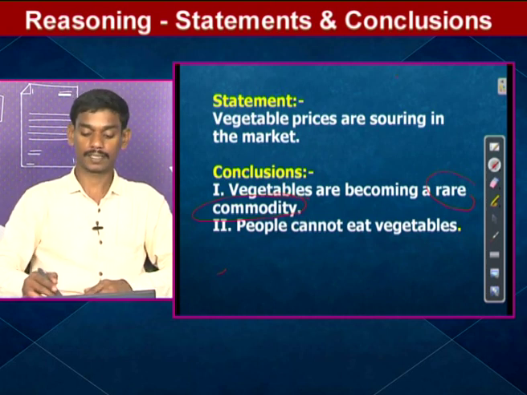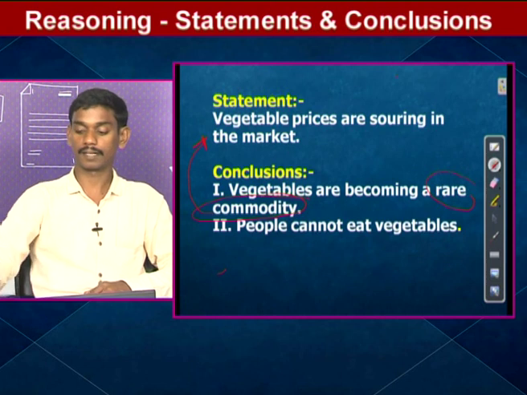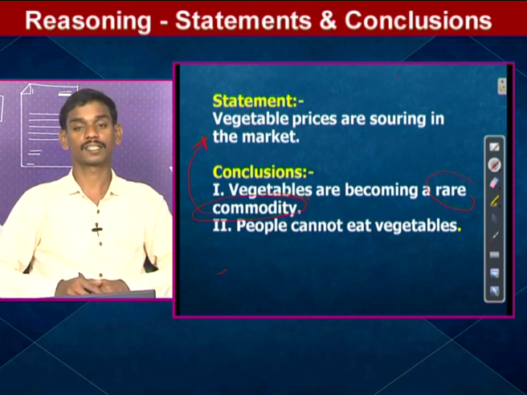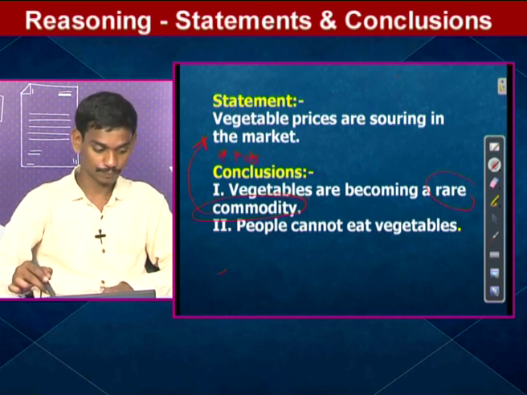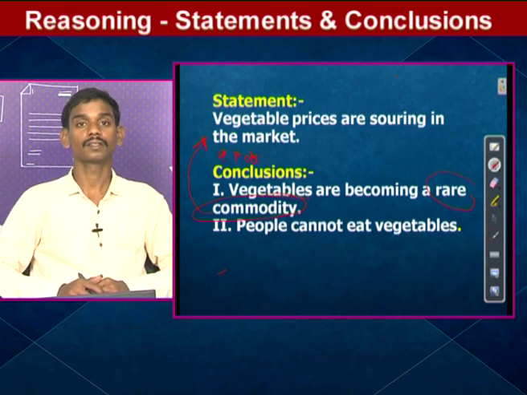Yes, okay, vegetables are rare, but the given conclusion about a rare commodity does not follow. Why? Because conclusion 1 does not follow: we are not talking about the availability of vegetables in the given statement. We are just talking about the prices of vegetables soaring. So in this way 1 does not follow.